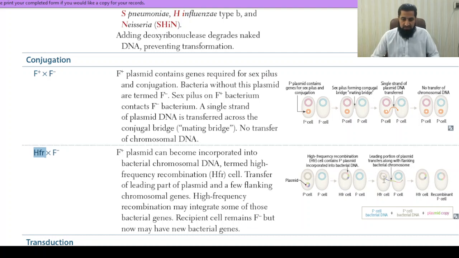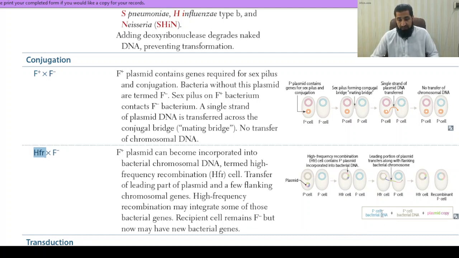In this process, the bacterial chromosome with plasmid DNA transfers into the F negative cell, and the recombinant cell forms by the insertion of these genes into the F negative cell.